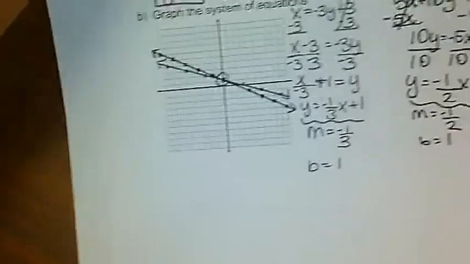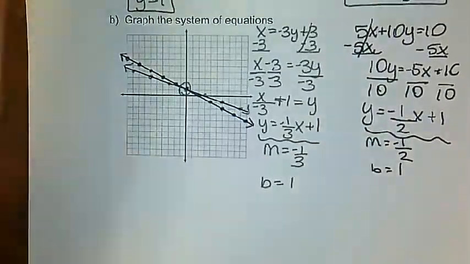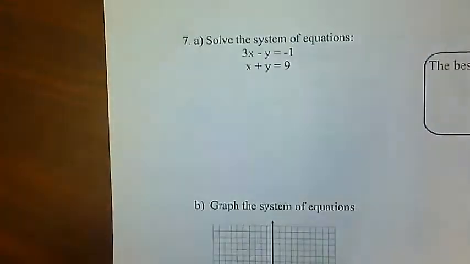And then again, graphing this into your calculator is an awesome way to check your work. I know sometimes it seems like a lot more work than you need to do in order to get done, but it really ensures that you're not going to make a silly error.